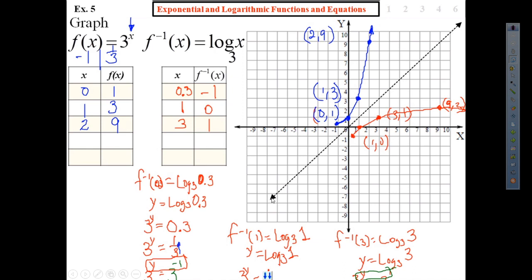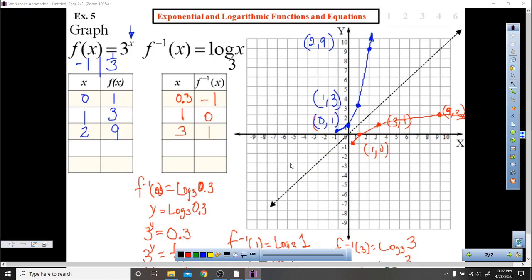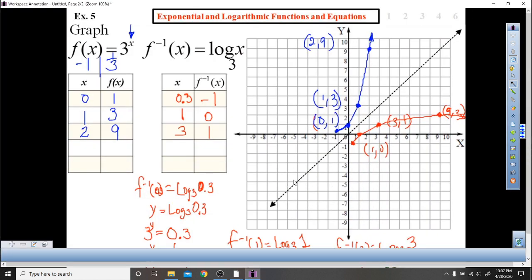If we draw this dotted line, this line is actually y equals x. So if you go one up, one to the right, one up, one to the right, there it is. These points are reflected the same distance from that line, and that's how we get that.